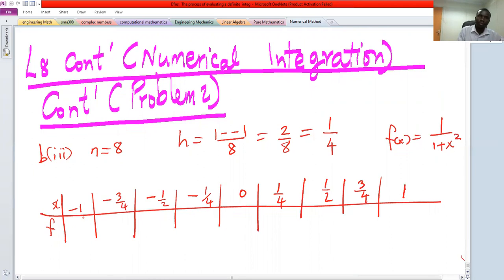So when you put negative 1 into this function, you get a half. Put negative 3 over 4, you get 16 over 25. This will give you 4 over 5. This will give you 16 over 17. This is 1. 16 over 17. 4 over 5. 16 over 25. And then a half.